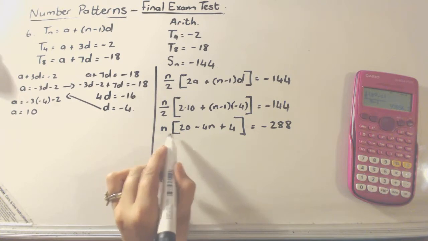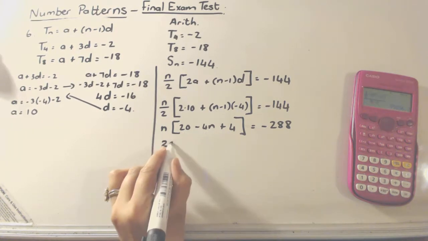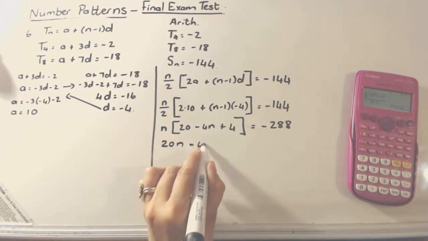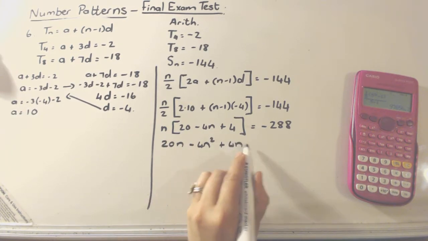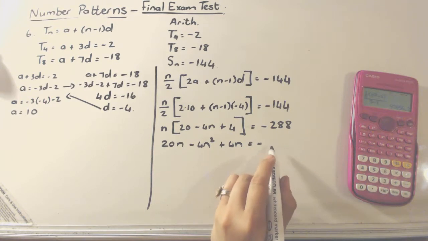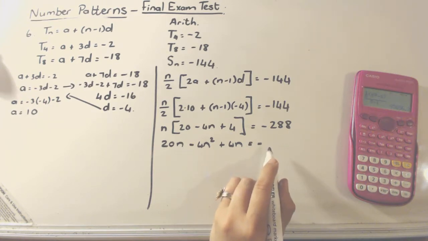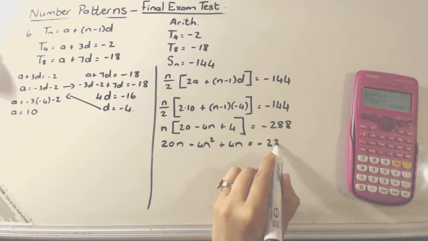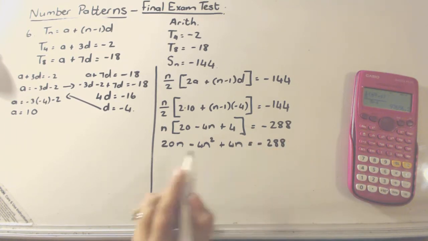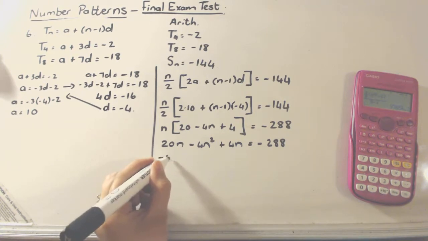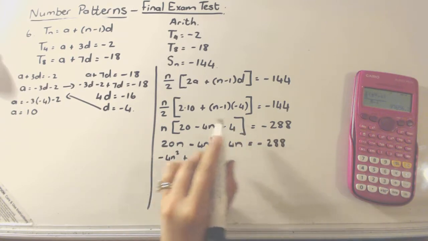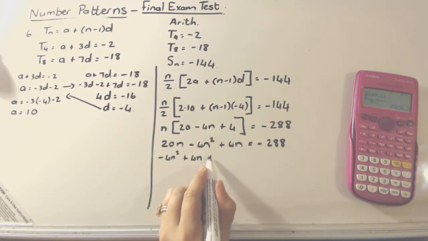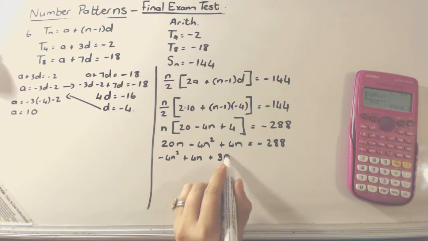And then I can multiply the n in maybe. So I've got 20n minus 4n squared plus 4n is equal to minus 288. And then I've got negative 4n squared plus 4n, and I'm going to bring this over, plus 308.